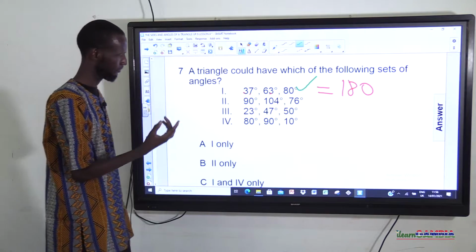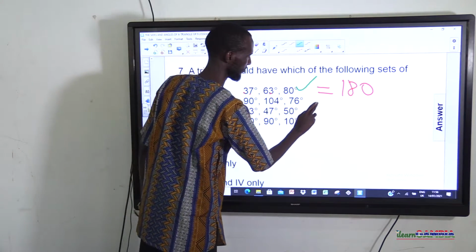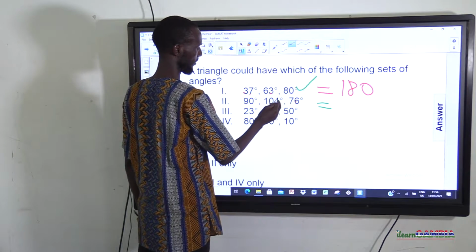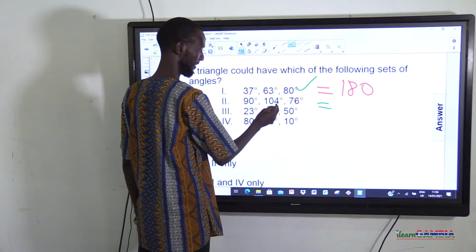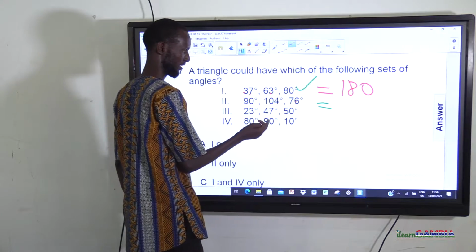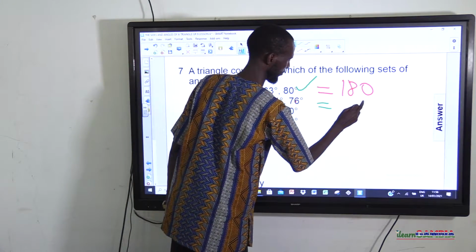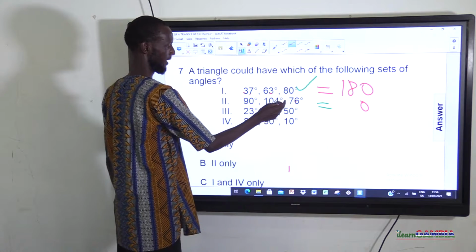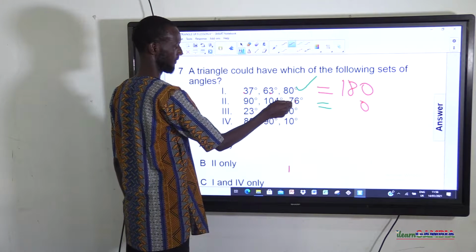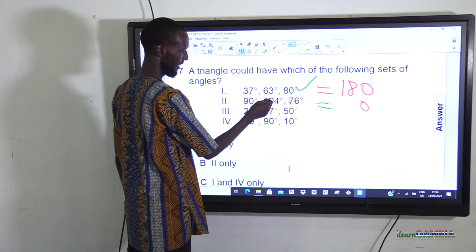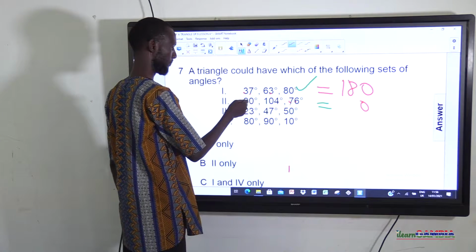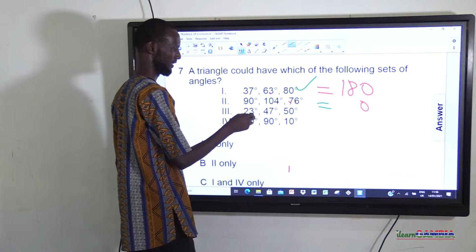Let's add them up. First add the units together. 6 plus 4 is 10. 10 plus 0 is still 10. So that is 0, carry 1. Now 1 and 7 is 8. 8 and 0 is still 8. And then 8 plus 9 is 17.